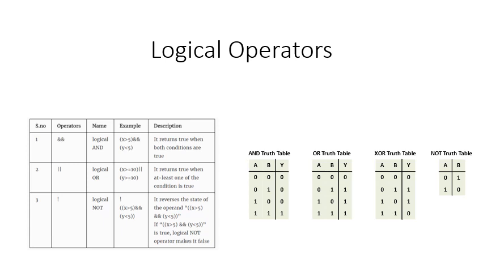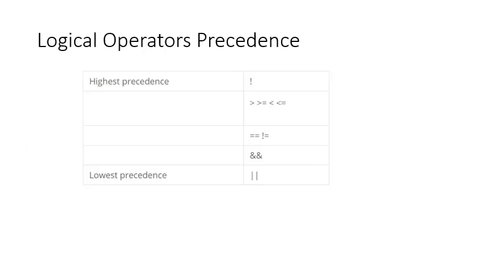So you can refer to this table, assuming 0 is false and true is 1. Okay, so it will only return true when at least one is true. And then for the not table, it reverses the state of the operand. So if it is true, logical not will make it false.